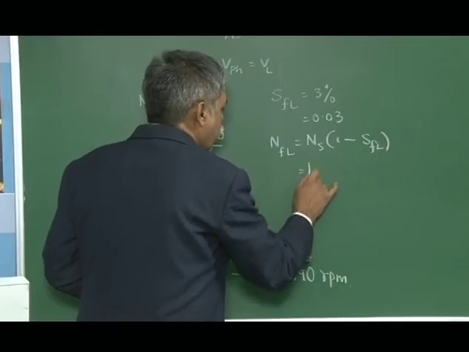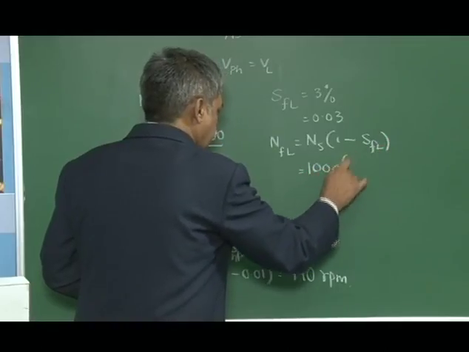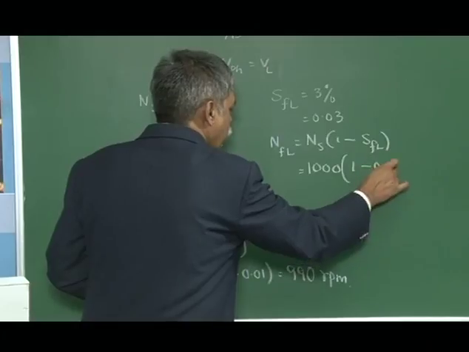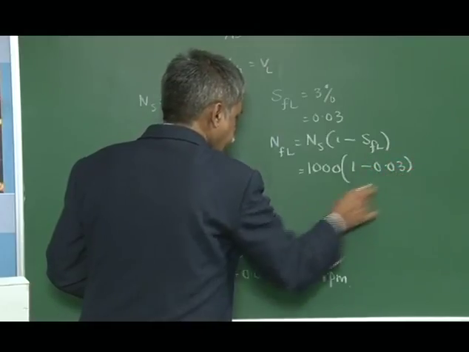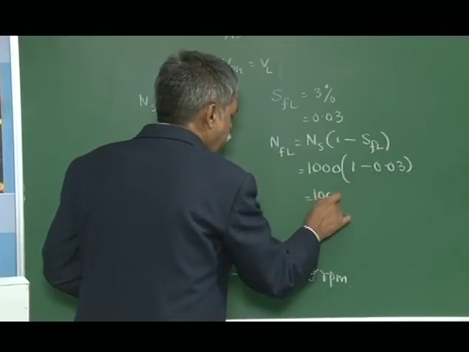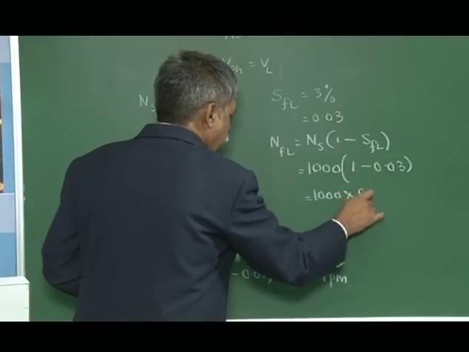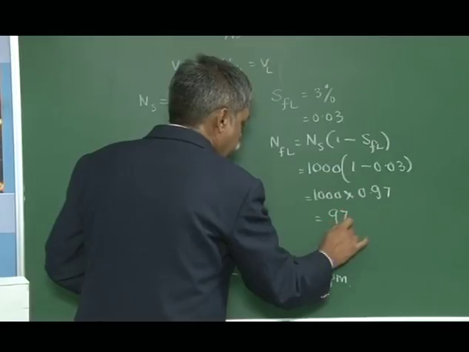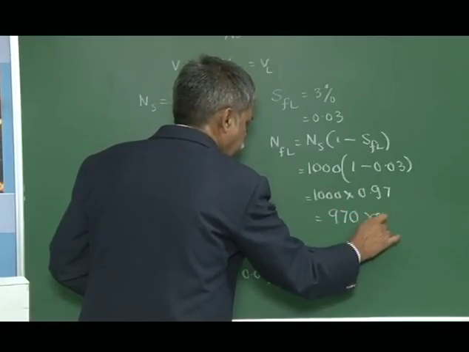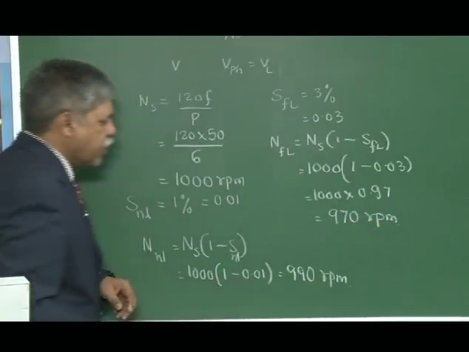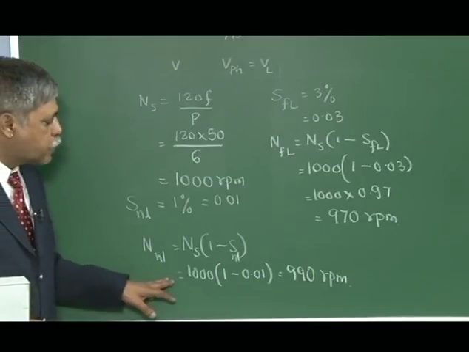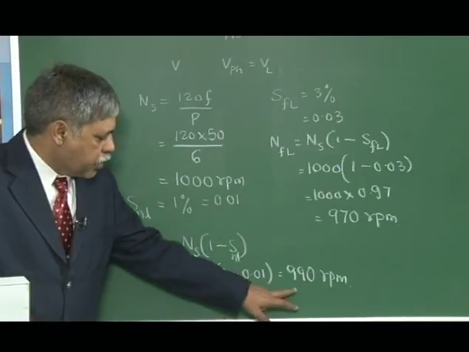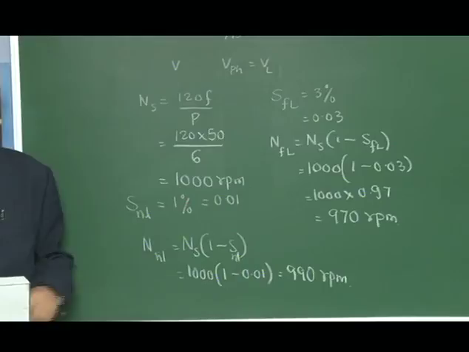So 1000 rpm is the synchronous speed, 1 minus 0.03, 1000 multiplied by 0.97 gives us a speed of 970 rpm. Now kindly see the difference between the no load speed and the full load speed. The difference is just 20 rpm.